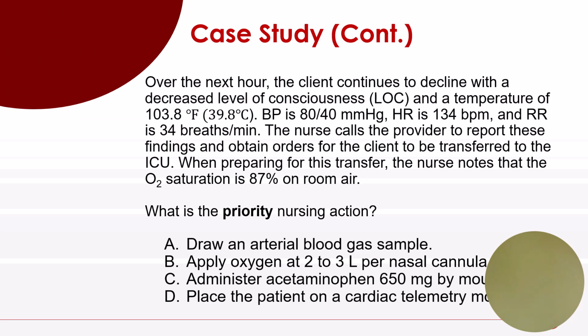Again, if this client is on the medical unit, the nurses on that floor usually do not have the training or the capability of dealing with these critical issues. So having rapid response might be very beneficial.